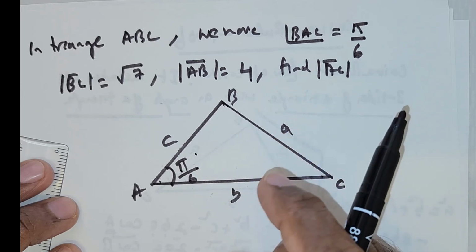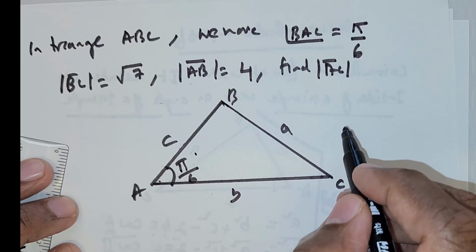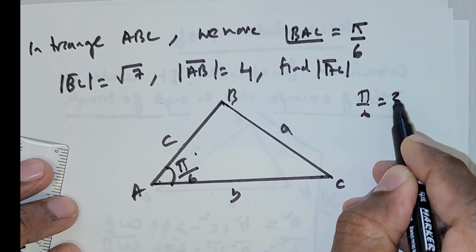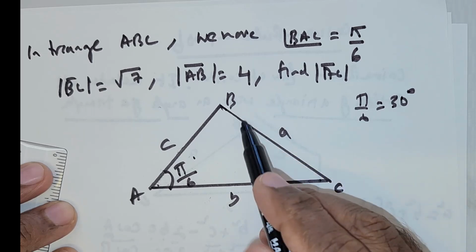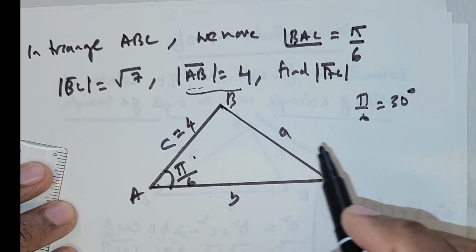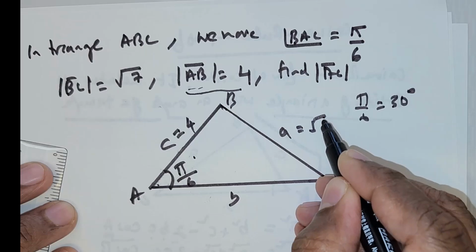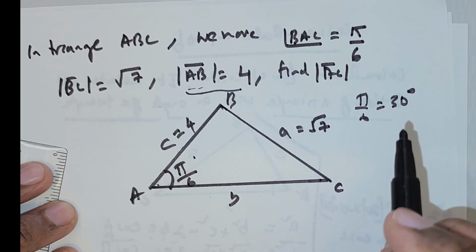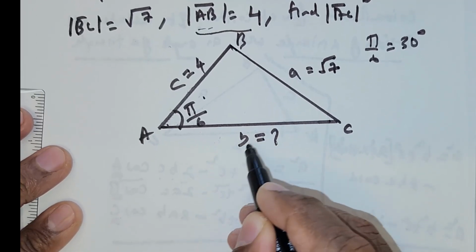That's 30 degrees. Now the distance AB is given as 4 units. BC is given as root 7 units, and we have to find AC.